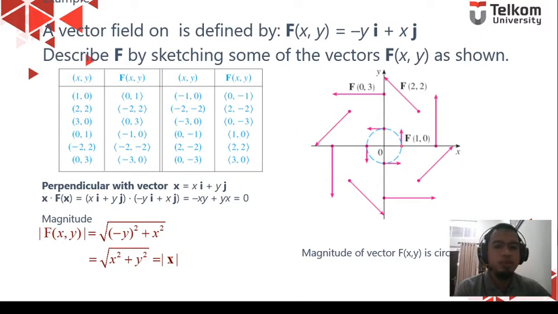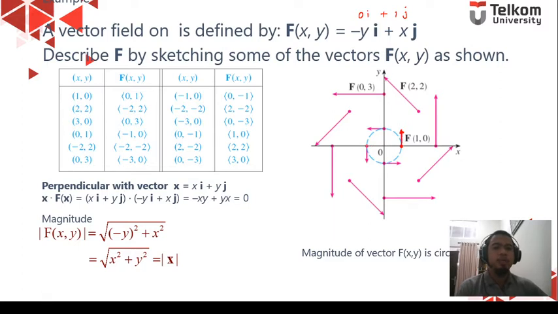The vector field, with y equal to 0, means 0i plus 1j. That means there is no movement to the right or to the left, and 1j means going up by 1. So this is the direction.